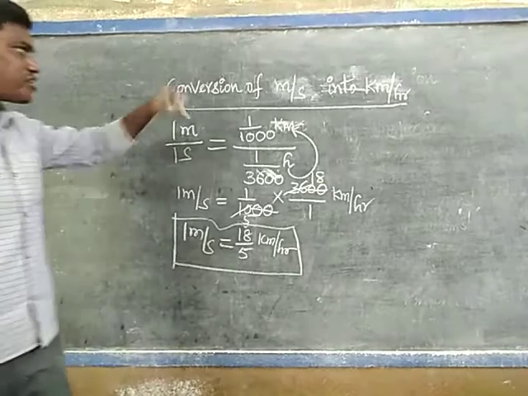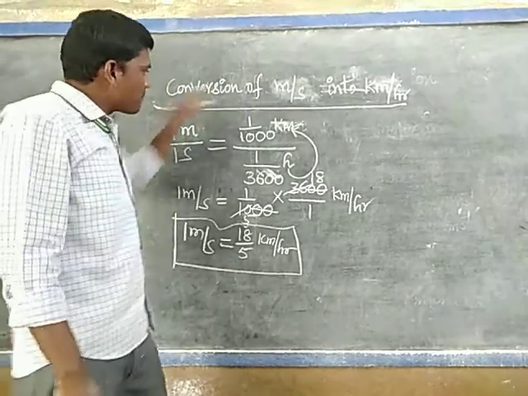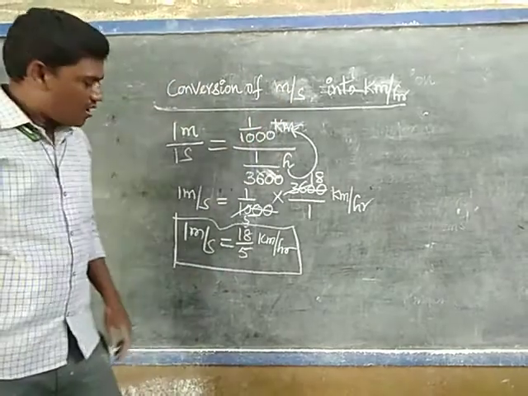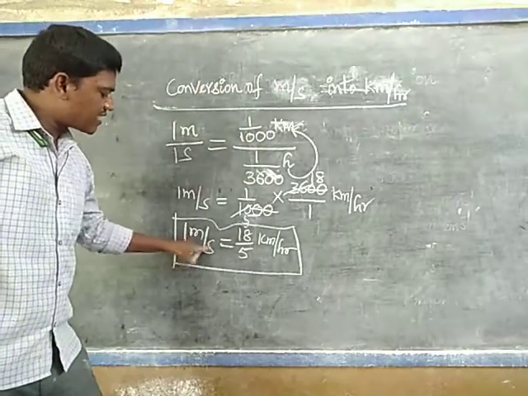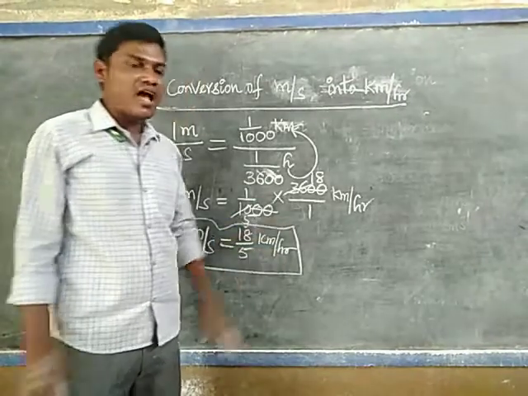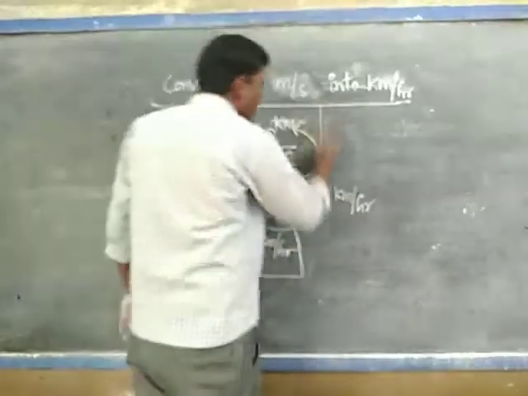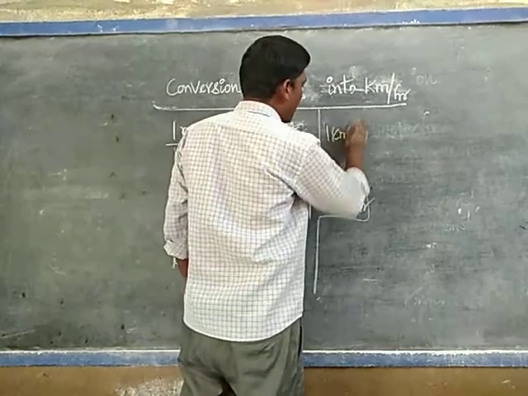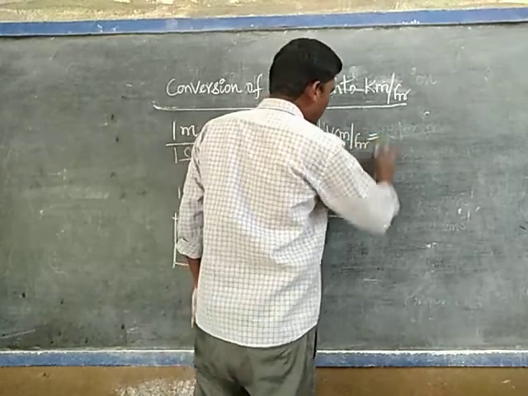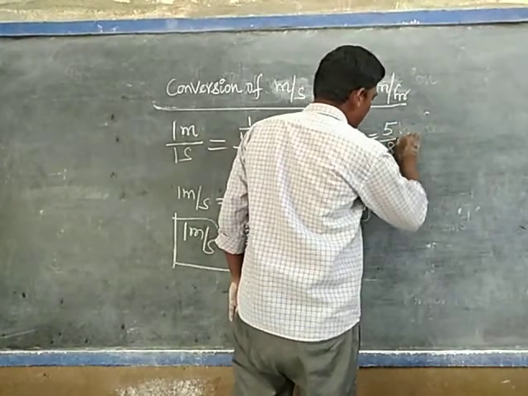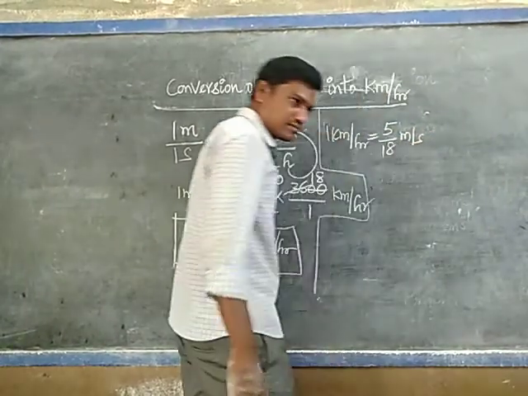So previously, 1 kilometer per hour is equals to 5 by 18 meters per second. Now 1 meter per second is equals to 18 by 5 kilometer per hour. But how can we write it simply? 1 kilometer per hour, we have the value: 5 by 18 meters per second.